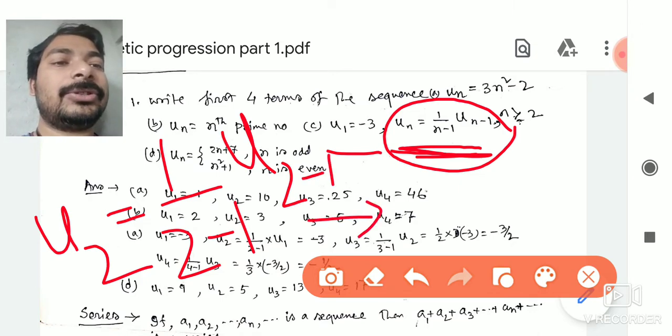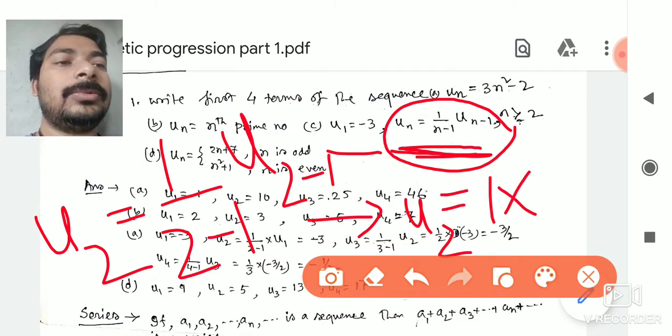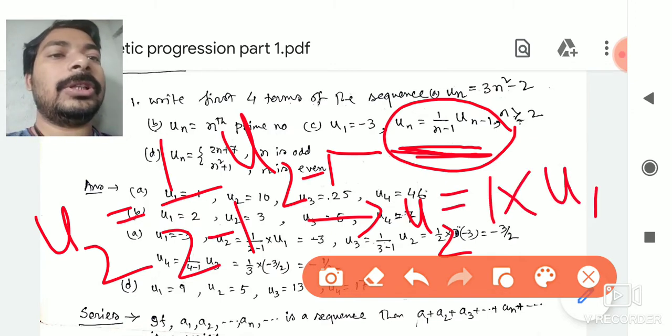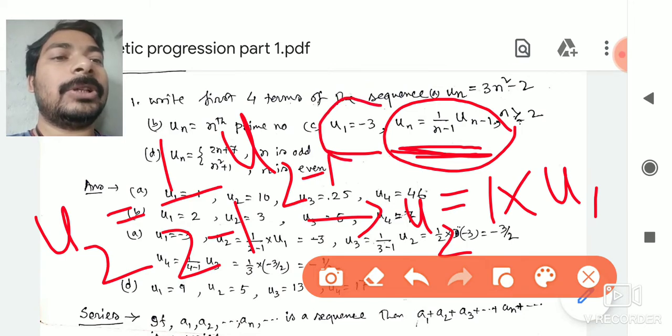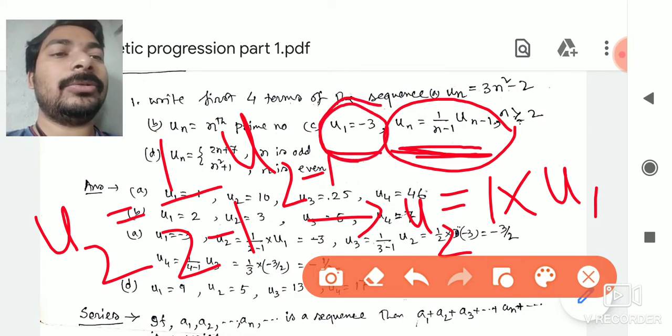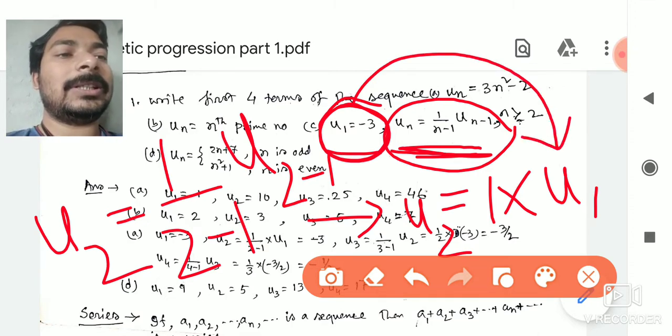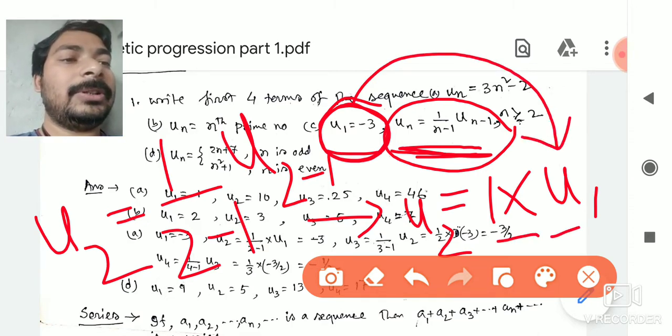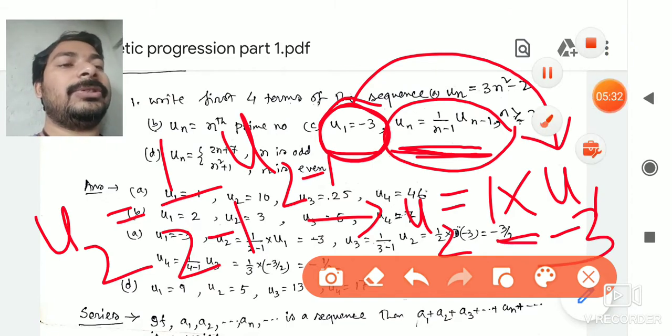So this changes to u2 equal to 1 into u1. Now you already know the value of u1. What is u1? Look here, it is equal to minus 3. So you put the value of u1 here, that is minus 3. The answer will be minus 3. So in this way we can calculate.